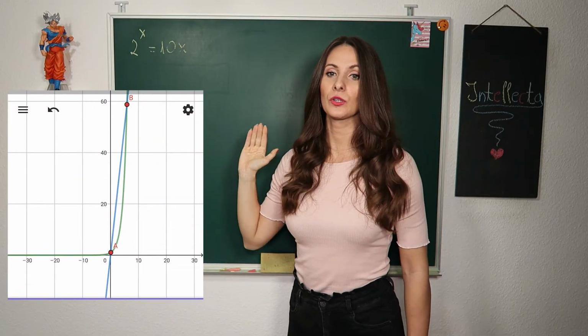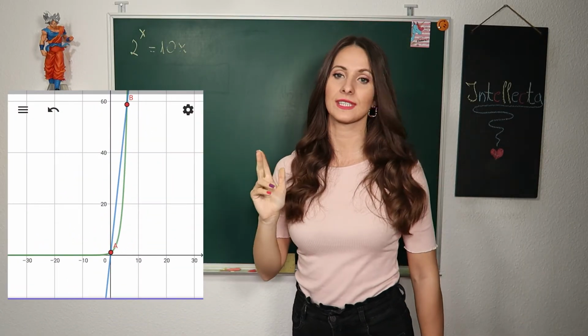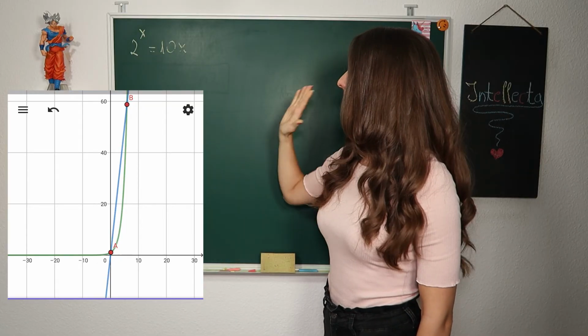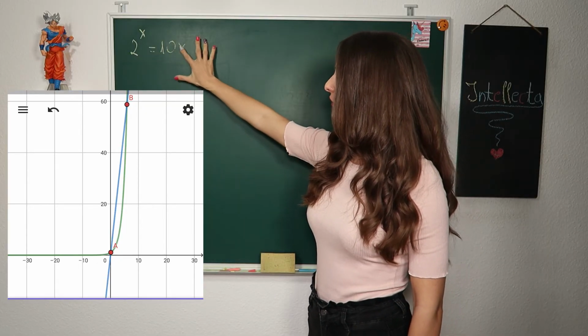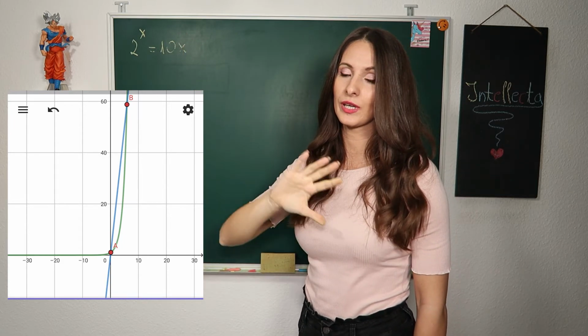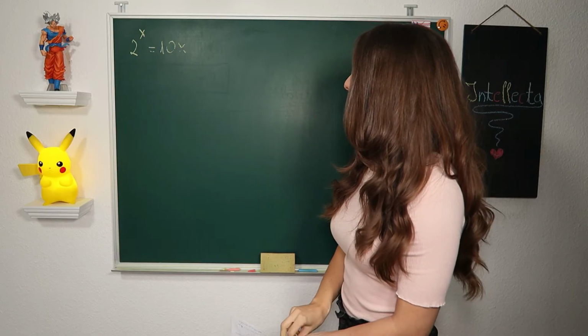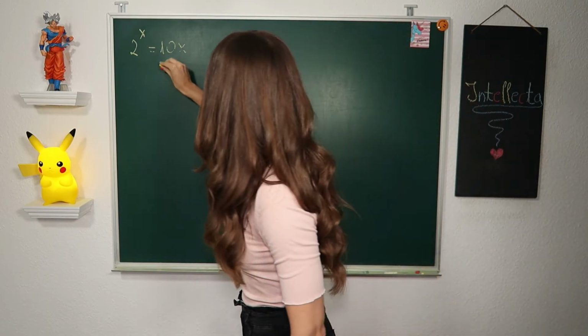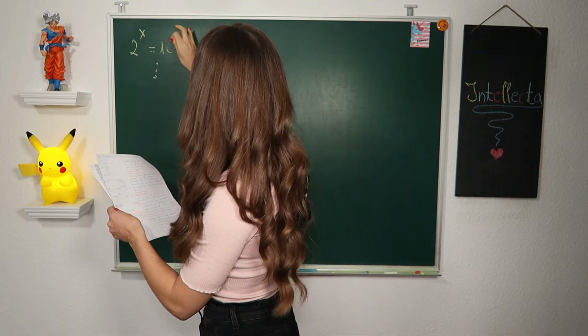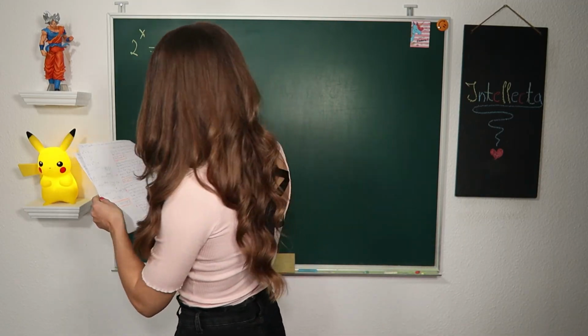So on the graph you can see that we have two intersection points. That means we are going to get two values for x, and now let's see how we can figure out from this equation how many solutions we should get without this graph. I'm not going to do the whole procedure. I'm just going to show you this equation here, so you can watch my previous video once again.